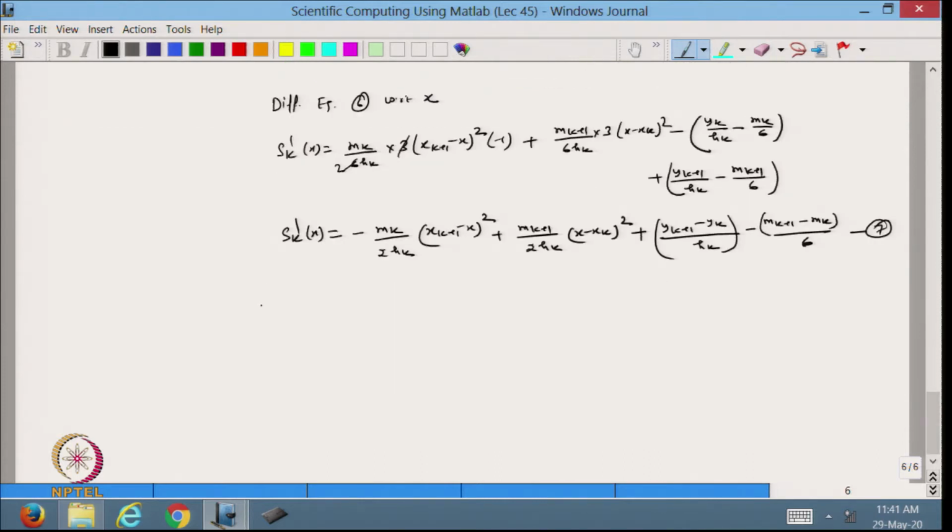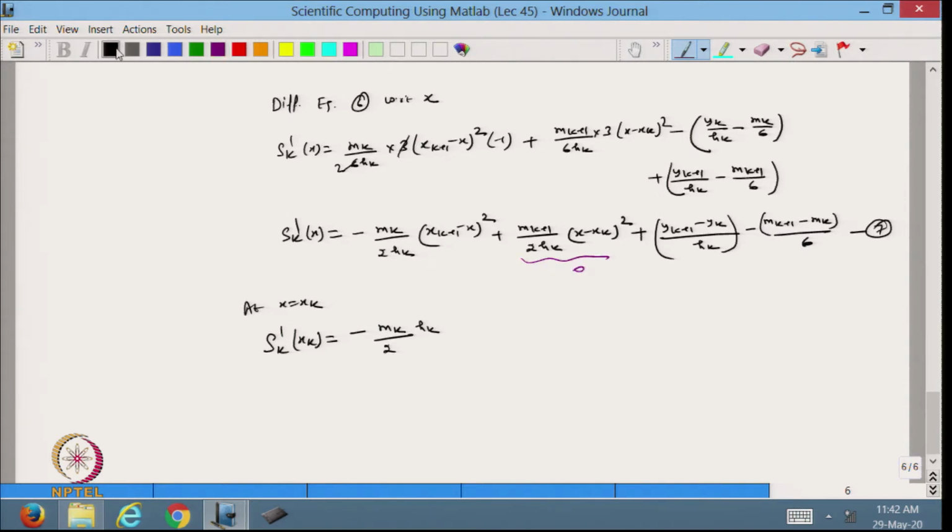Now I find out the value at xk. So what about at x is equal to xk? So sk dash at xk. If I put xk here, this will be xk plus 1 minus xk, so that will be hk. So I can write from here directly, this will equal mk by 2 hk, because hk will be square and this will cancel out. So this will be this value. Now from here this is the 0 value.